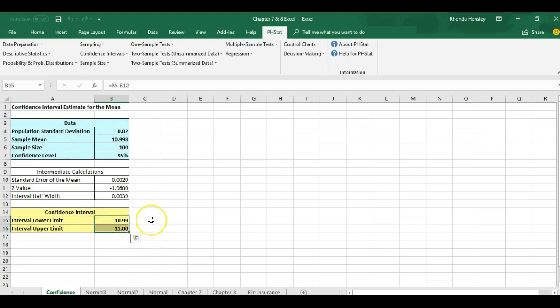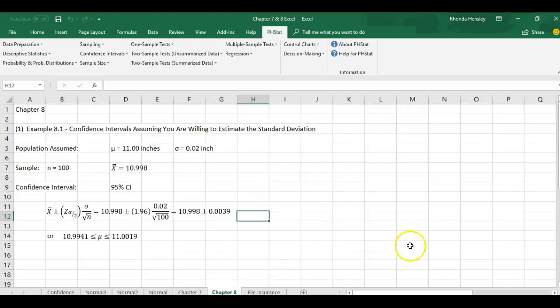So a lower boundary of 10.99 inches, I think we got 9941 on my calculator, up to 11.0019, which is slightly above, but this shows right out because it only goes out 2 decimal places. So it's easy to do it with PHStat, which makes a lot more sense to me. Anyway, that's how you do it in PHStat.